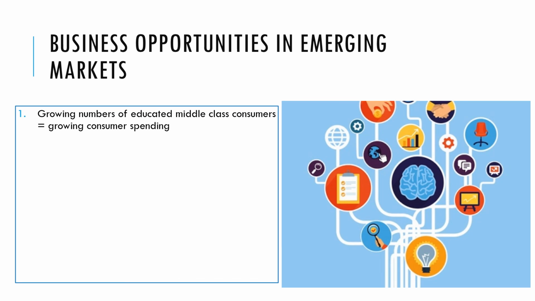For example, there's a growing number of educated middle-class consumers, and these types of consumers are particularly important because they have higher disposable income and are a significant driver of growing consumer spending. Demand is likely to be income elastic in these countries. As incomes rise, there is an even greater increase in demand for products, as it's maybe the first time they've had access to these products and the markets aren't saturated.